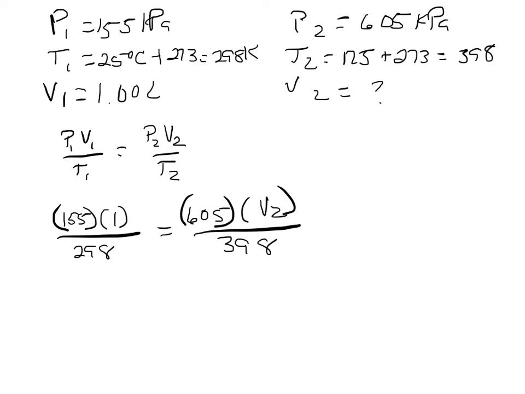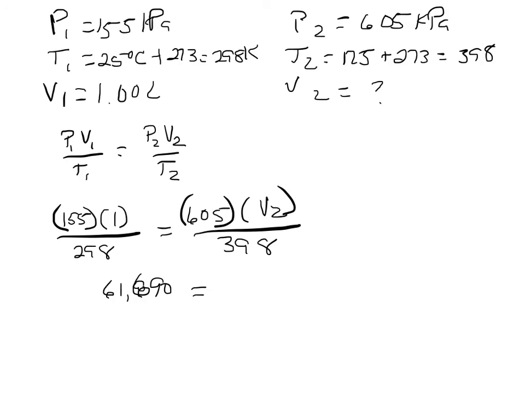Cross multiplying, 155 times 1 times 398 equals 61,690, and that equals 298 times 605.